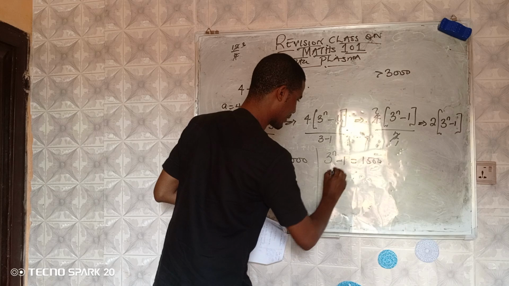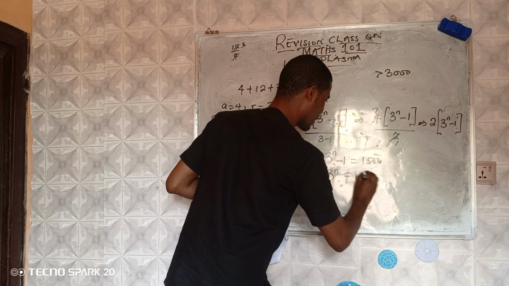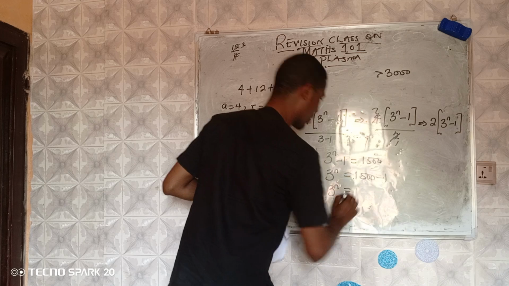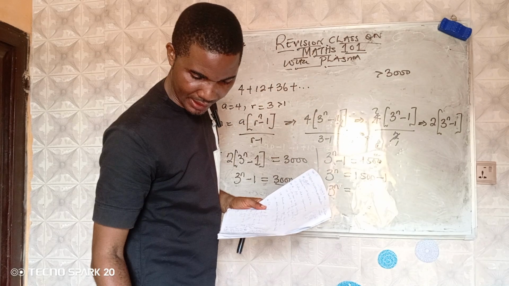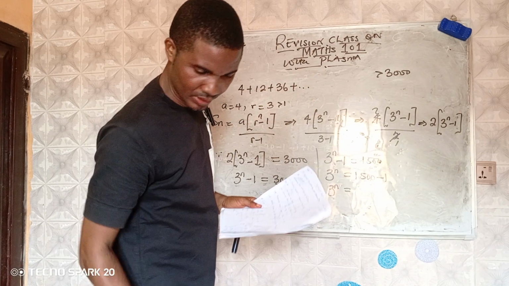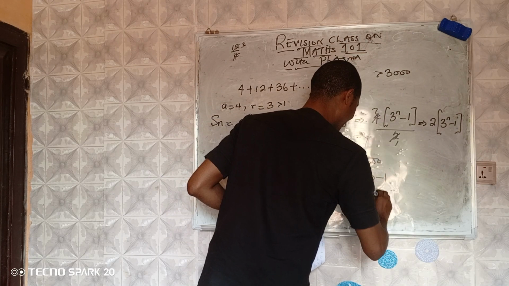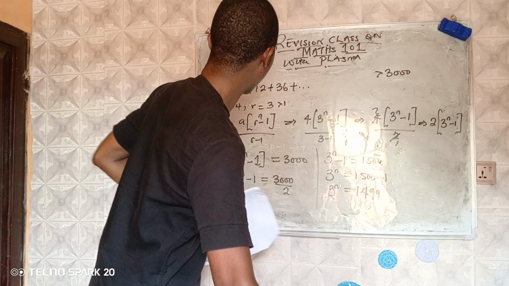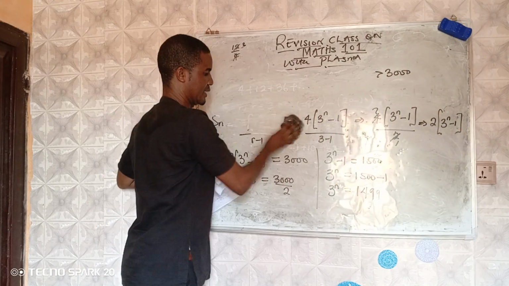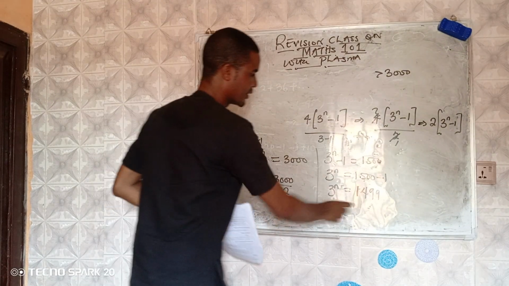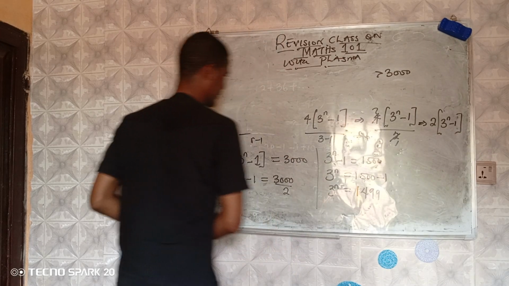So I'm having 3 to the n minus 1 equals 1,500, so that 3 raised to power n becomes 1,500 plus 1, which is 1,501. Now, at this point, I want to get the value of n. What I'm going to do here is take log of both sides.